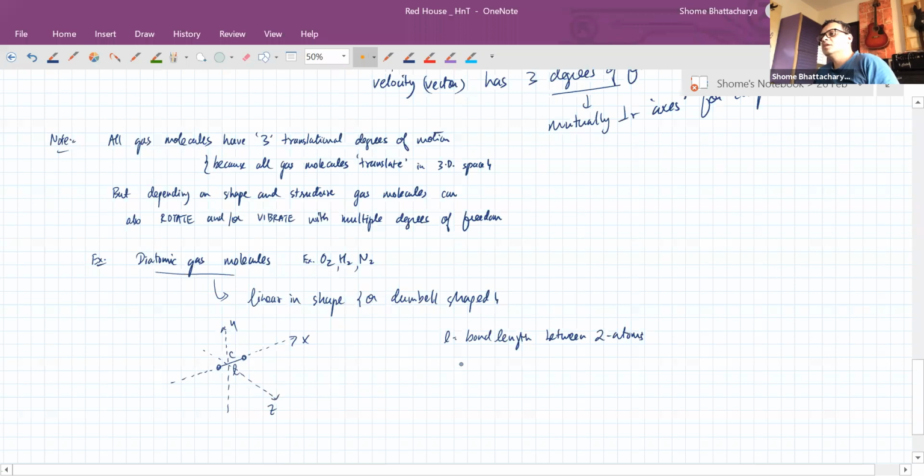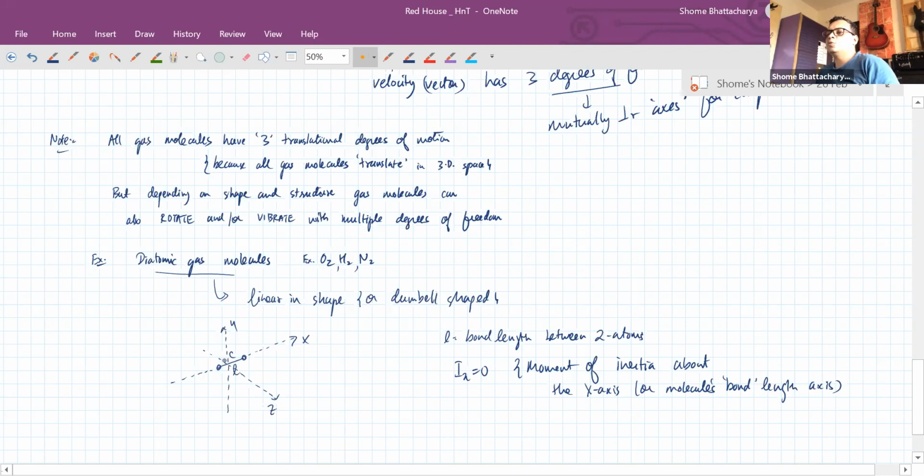we can see that the moment of inertia about the x-axis is 0. That will be 0 because both the particles or atoms lie on it. So it's like 2 point masses lying along the x-axis.